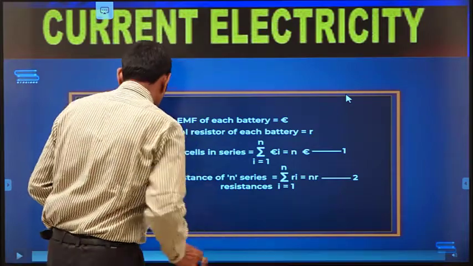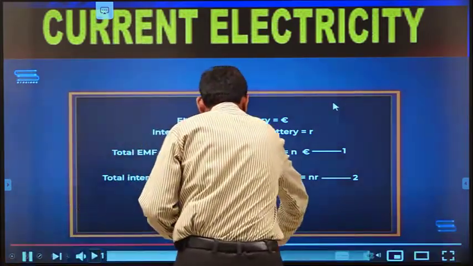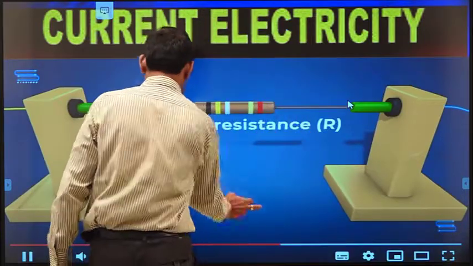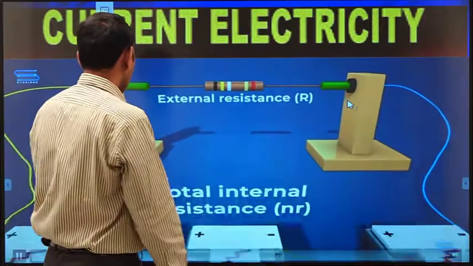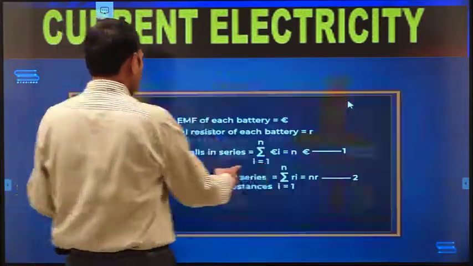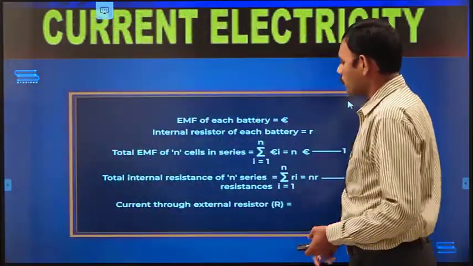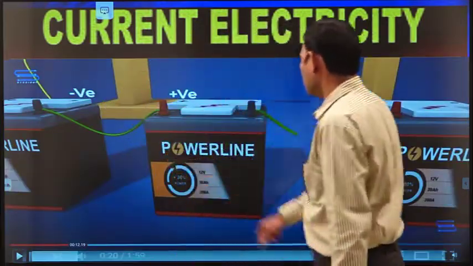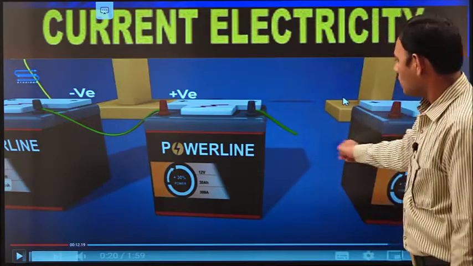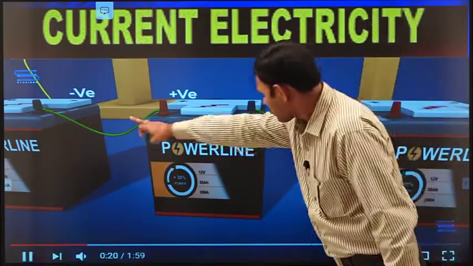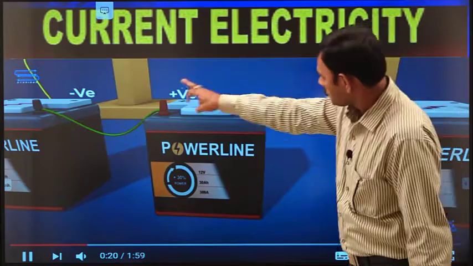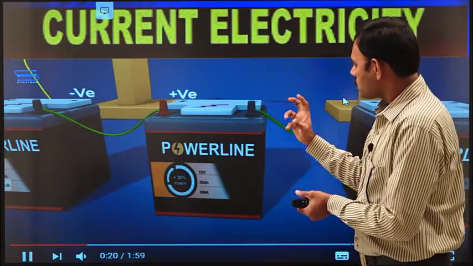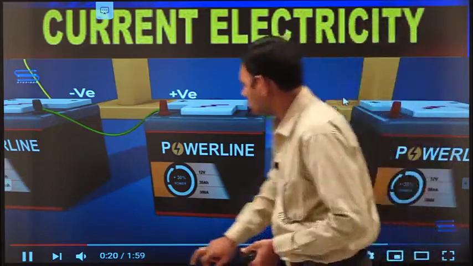So here students, we are using a battery in proper connection. Let us look into this video further. Here you see 3 cells connected in a proper way. You are observing 3 cells on the screen, connected in a proper way, and we get the required energy from the proper connection of the 3 cells.